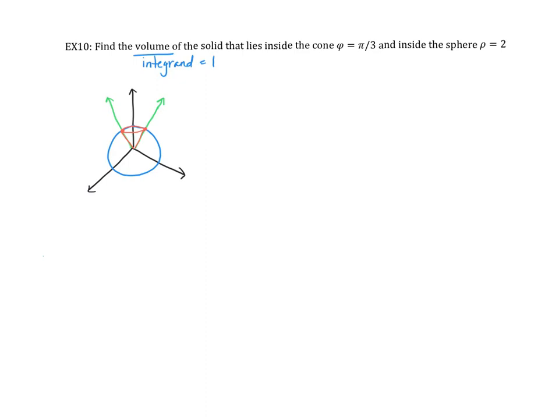When I look at the shadow in the XY plane, I have this circle. That can help me find my theta. I can see that my theta is going to go all the way around from 0 to 2 pi. And I also can see that my phi is going to go from 0 to pi over 3, because that's where these guys intersect, right?